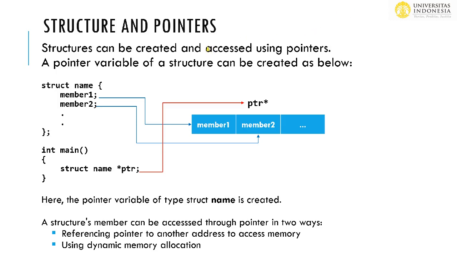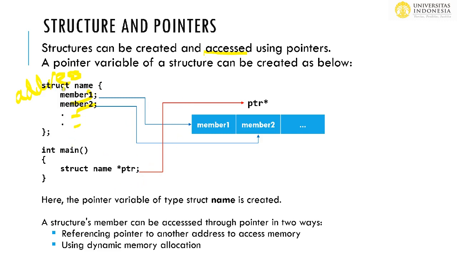So you can access its members by defining all the values here, but you can also access it by defining the address. The address also takes a role in how to refer to your data, by showing the location or the address using a pointer. A pointer variable of a structure can be created as well as an ordinary variable.